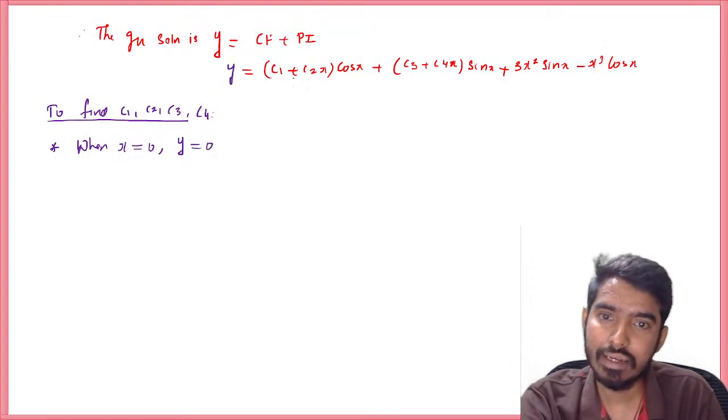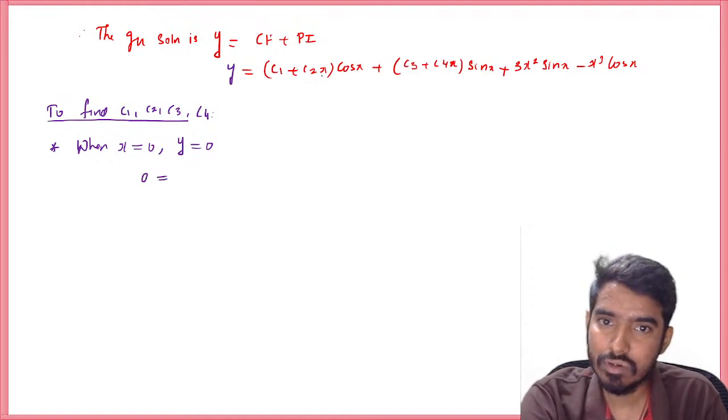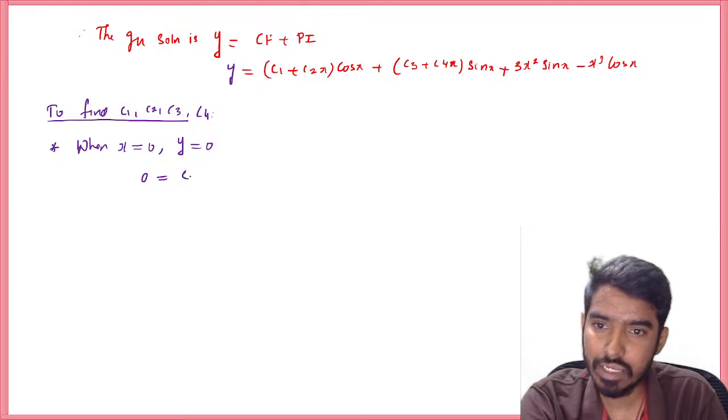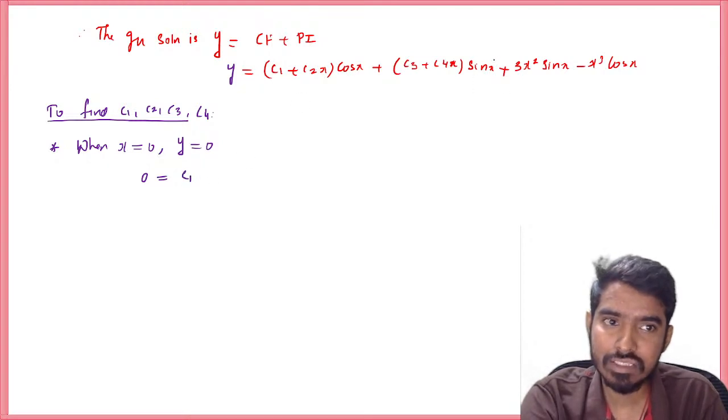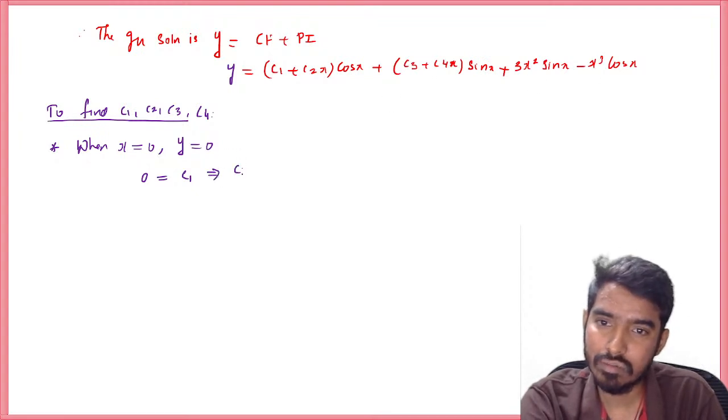So substitute here, when x is 0, y is 0. So therefore 0 is equal to, when x is 0, cos 0 is 1, so 1 into c1. c2 times x is 0. So c1 cos x will be c1 here. When x is 0, sin 0 is 0, so this will be 0, this will be 0. So therefore c1 is 0, right?